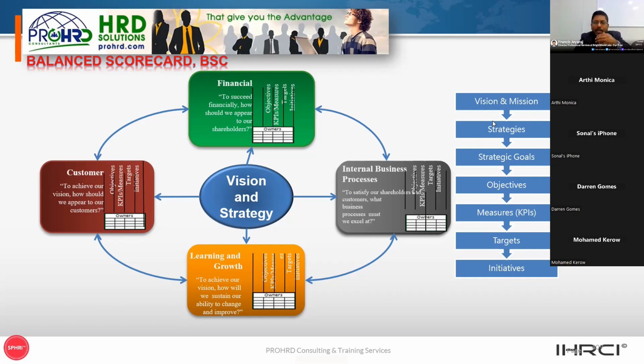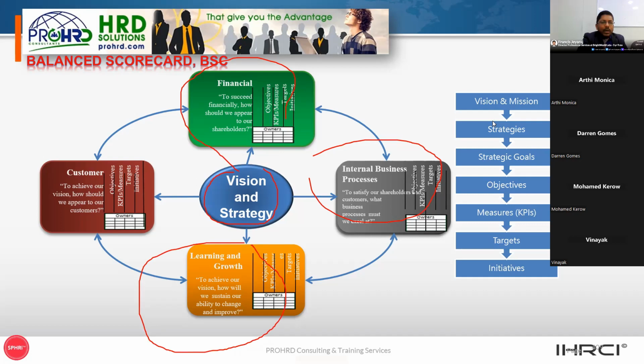This is accomplished by translating the corporate vision, mission and strategy into a set of strategic objectives. You take the strategic vision and mission into 4 important perspectives: the financial perspective, then the internal business perspective, the learning and growth perspective, and the customer perspective.